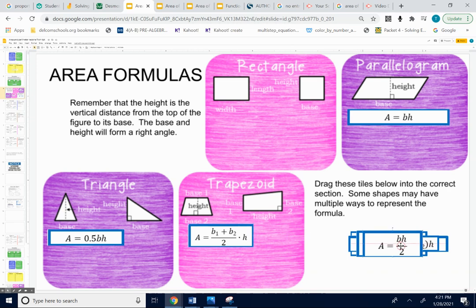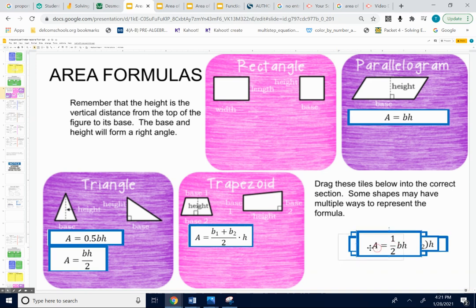Okay, the next one, base times height divided by 2. Okay, that's another way to talk about a triangle's area. And instead of taking half of the base times the height, taking half of something is dividing it by 2. So you could multiply the base and the height and then divide that answer by 2. Okay, so that belongs with the triangle.